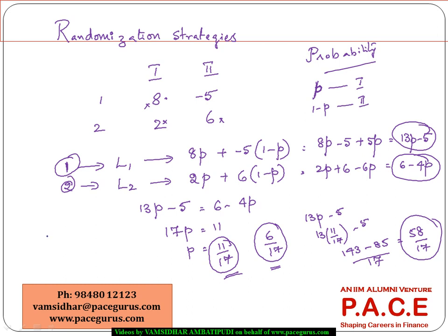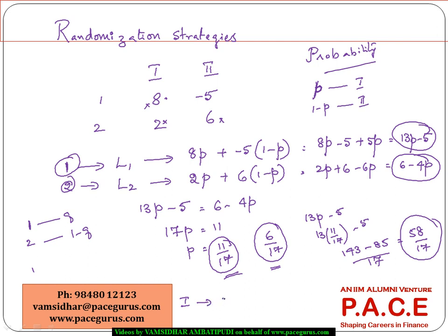Right? Around 3 point something is the loss that can come out, which will work out to be the value of the game. Now let's try seeing the same thing from the B standpoint. Let me assume that B will choose strategy number 1 with a probability of Q and strategy number 2 with a probability 1 minus Q. Now if A has chosen strategy 1, what is B's gain?